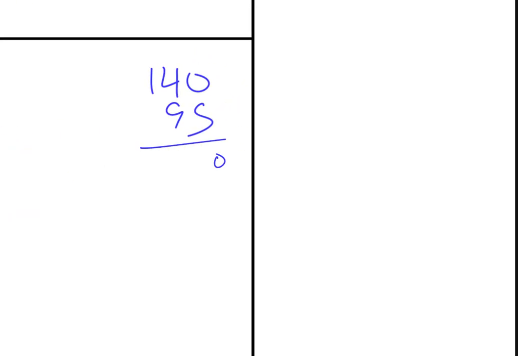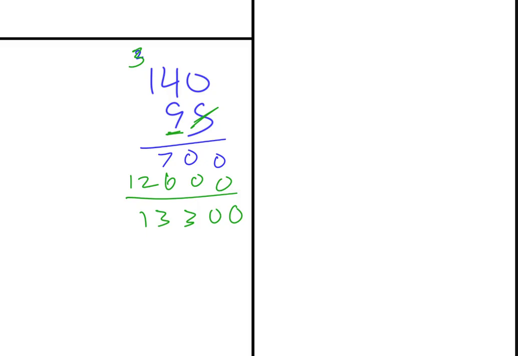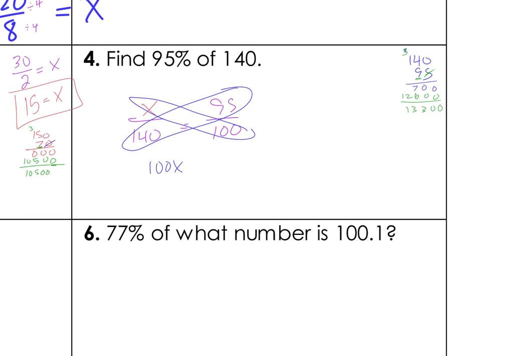Okay. 5 times 0 is 0. 5 times 4 is 20. 5 times 1 is 5 plus 2 is 7. We're done with that, so we're on to the tens place, 9 times 0, 9 times 4, 9 times 1 plus 3, we get 13,300.